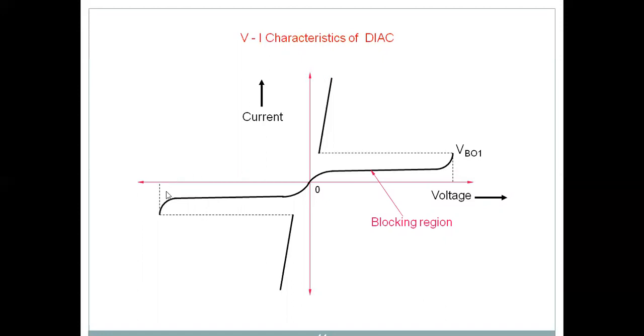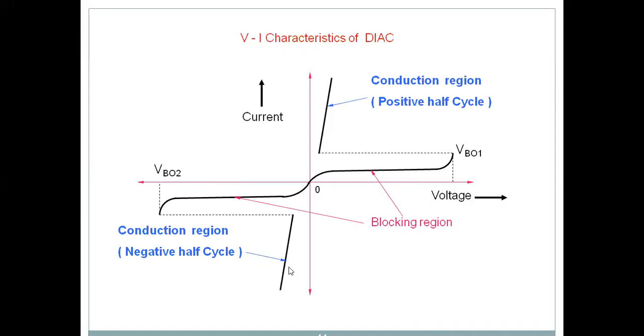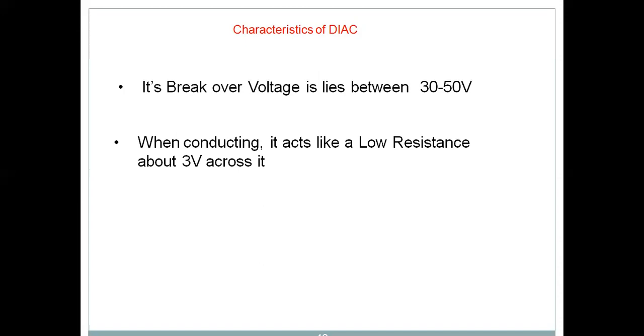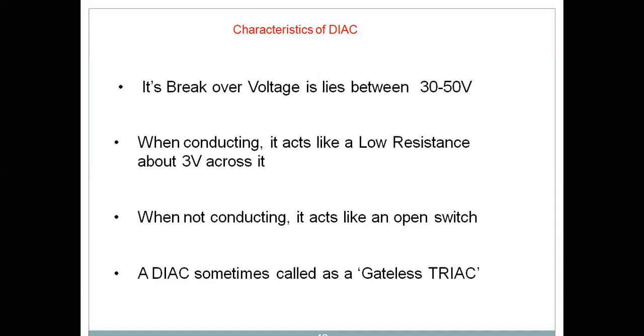This is the reverse breakover voltage, and this is the conduction region during positive half cycle, and this is the breakover voltage on the negative side, and this is the negative half cycle conduction region. Its breakover voltage is between 30 to 50 volts. When conducting, it acts like a low resistance with about 3 volts across it. When not conducting, it is like an open switch.